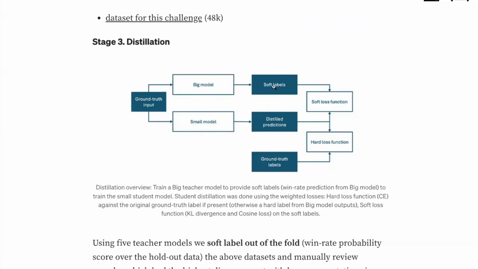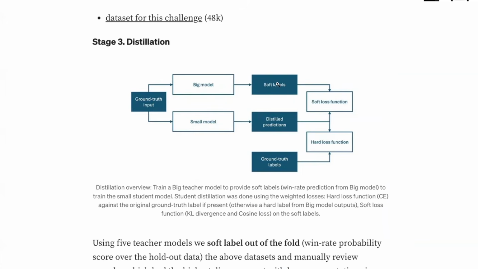Soft labels mean the win rate. Say the soft label score is 0.8, that is the win rate for response A, so it's likely that response A wins. If the soft label is 0.2, it means it's likely that response B wins.